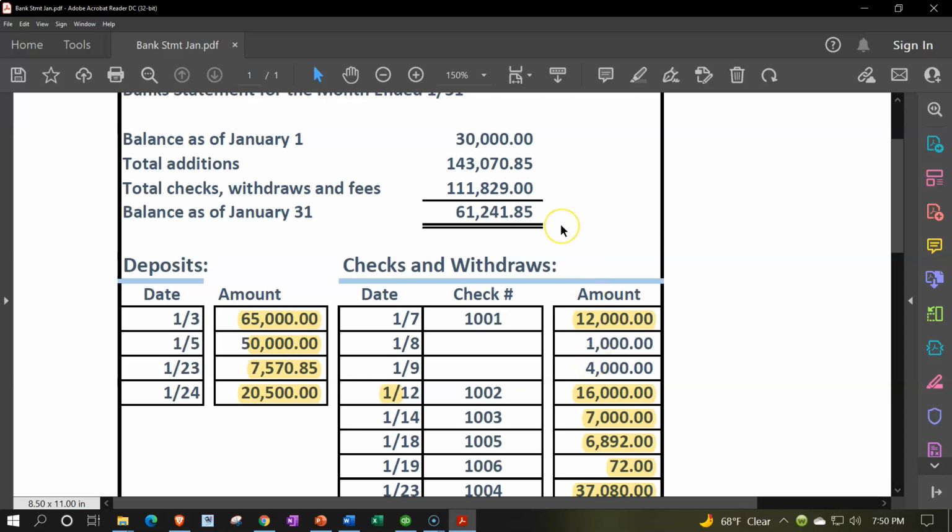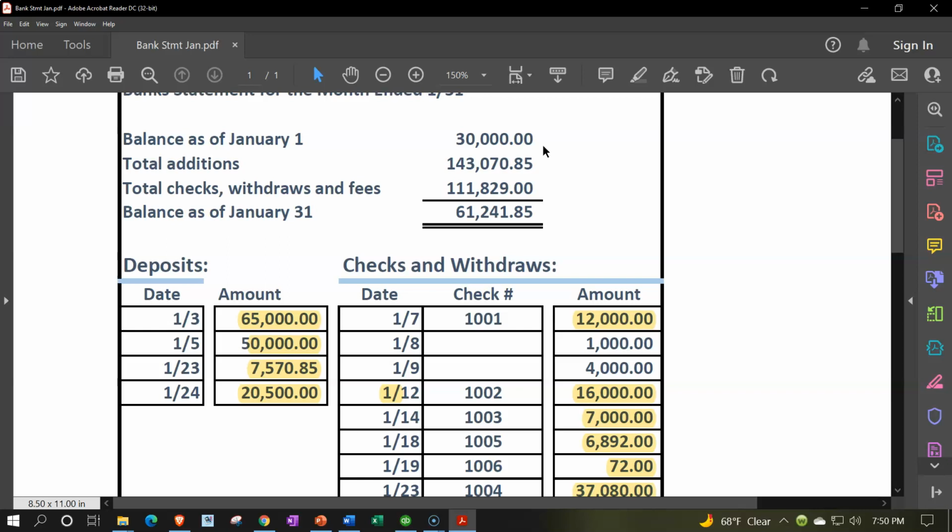Correct? That's true. But in this case, and this is common, this 30,000 up top is different than what we had in the books because of outstanding items in the prior bank reconciliation as of December in the prior accounting system.